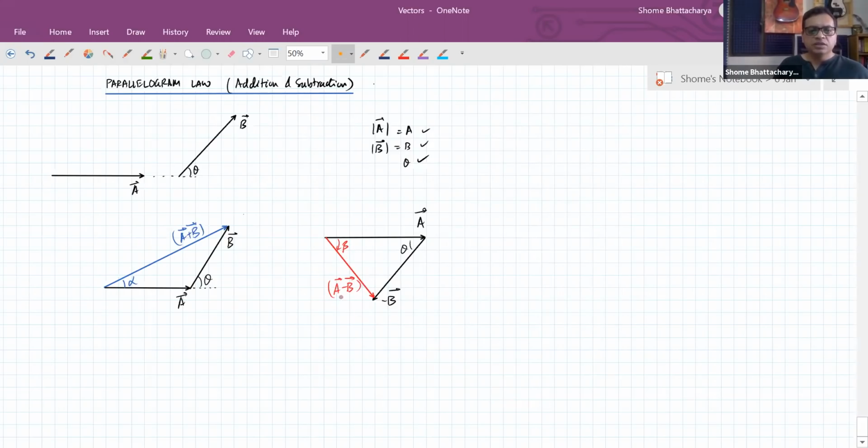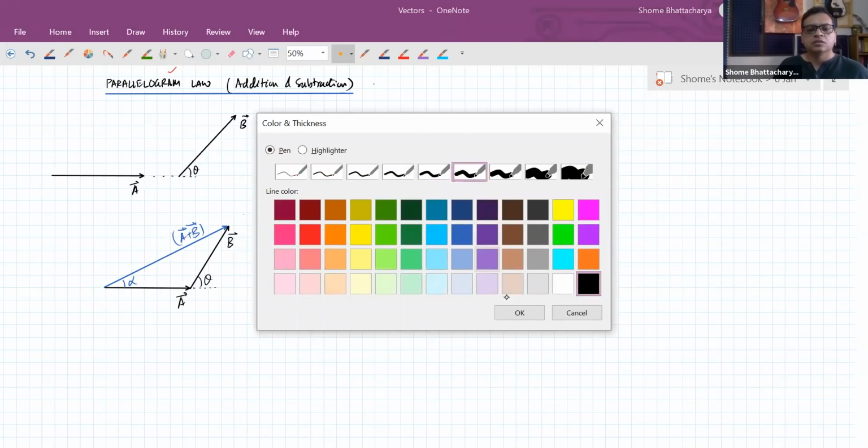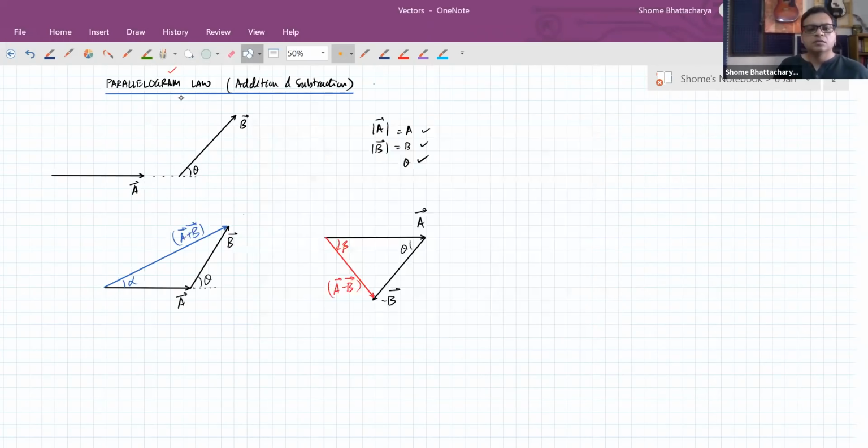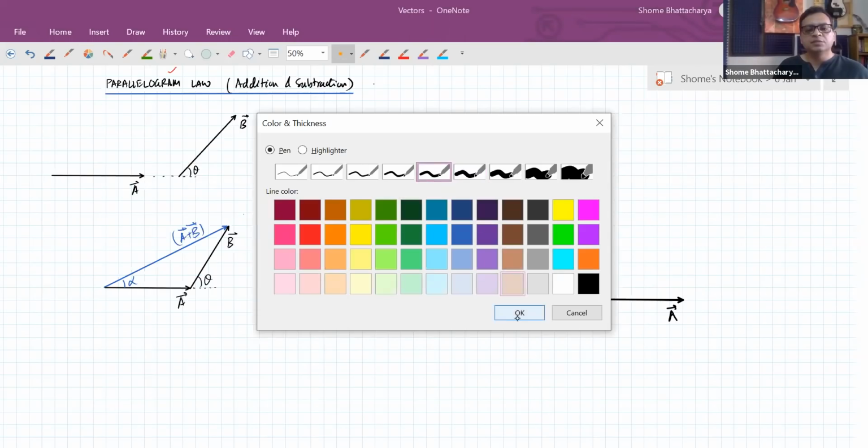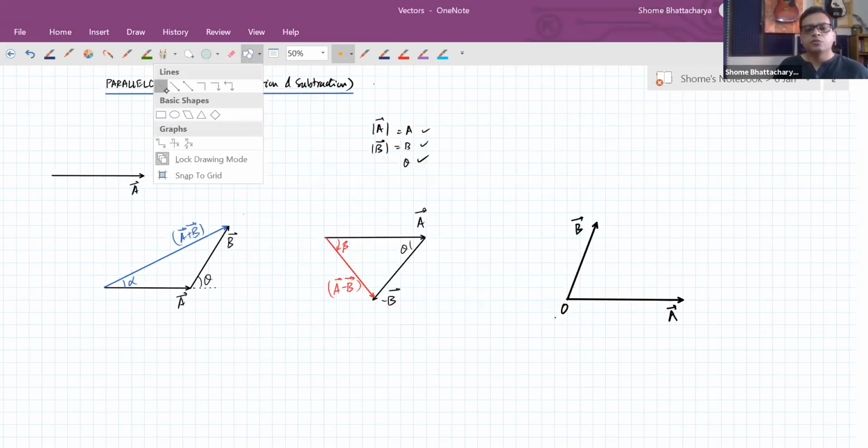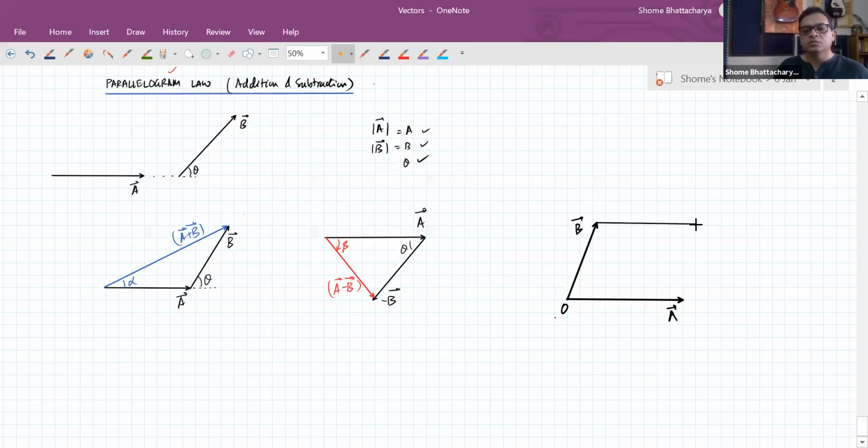Now, the important thing here for parallelogram law is that we will combine these two into one shape. Okay, so what we can next do is we can construct a new figure where we draw both A and B from a common origin. Instead of drawing them head to tail, we draw both these vectors A and B from a common origin. This is a vector A and this is a vector B. Okay, then we complete the shape of the parallelogram formed by these two by drawing two other parallel lines.